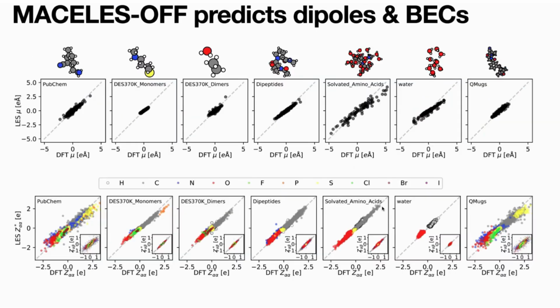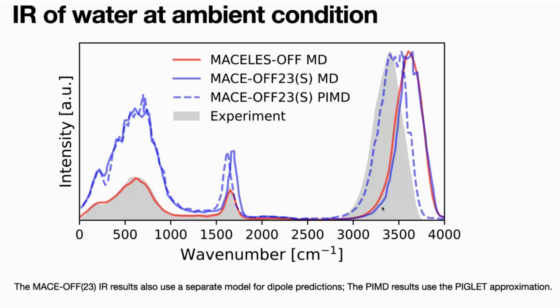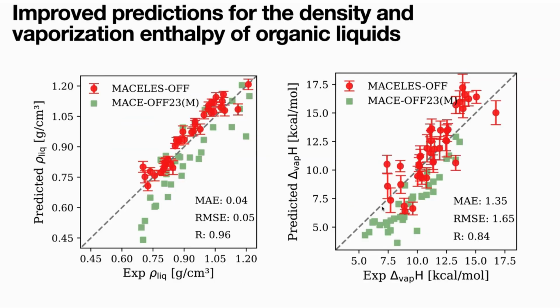More importantly, in all cases, we can accurately predict molecular dipoles as well as BECs. So we can also predict the BECs for bulk systems, and that again allows us to make predictions such as water IR.